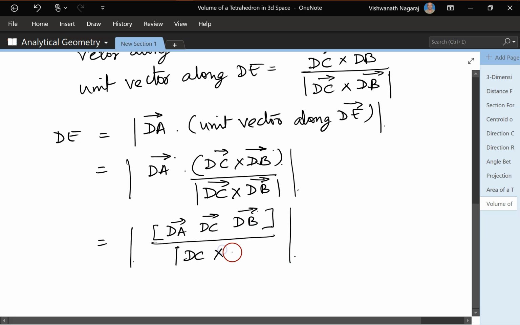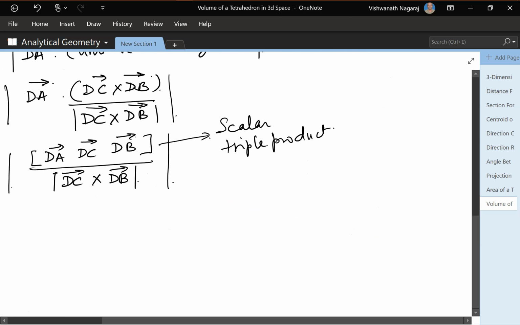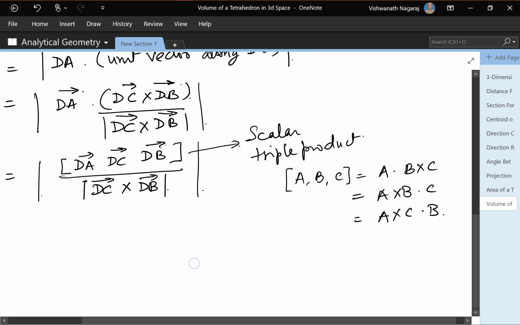The scalar triple product says that if you have three vectors A, B, C, then this can be written as A dot B cross C, or as A cross B dot C. This is the dot product, this is the cross product. Or it can be written as A cross C dot B. What we have done is taken it in the other direction, so vice versa.